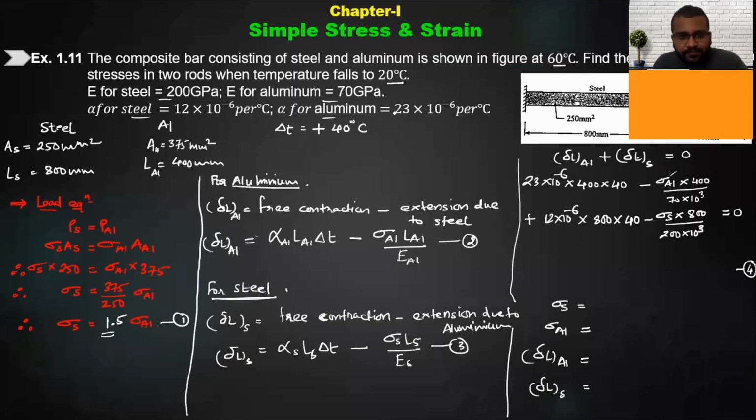Okay, done. 1 minute is over. At least कुछ आधा आंसर तो आया रहेगा, sigma S and sigma A. Tejas and Bhagyashri.